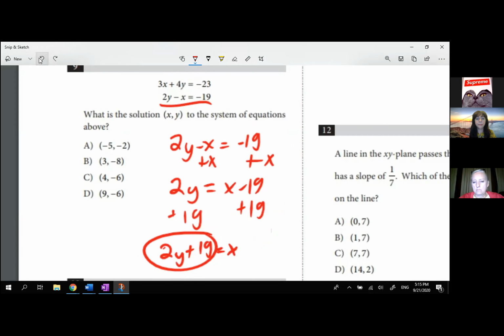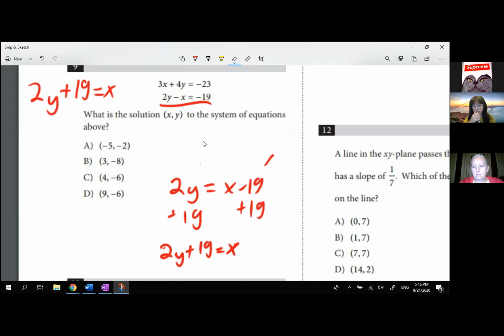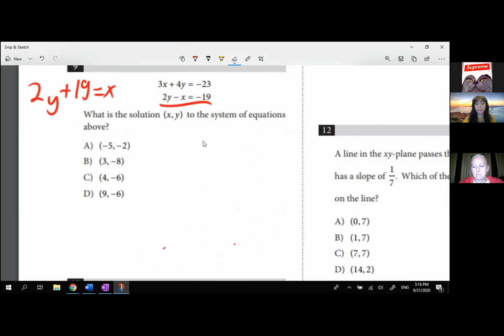Okay, so we found out that 2y plus 19 equals x. Getting rid of all this. There we go. Okay, so we can deduce that this x goes right there.